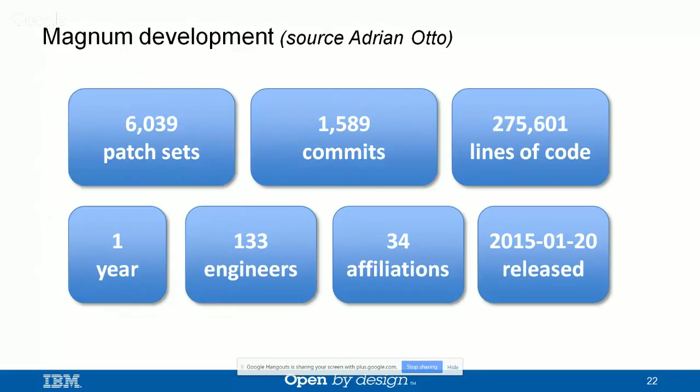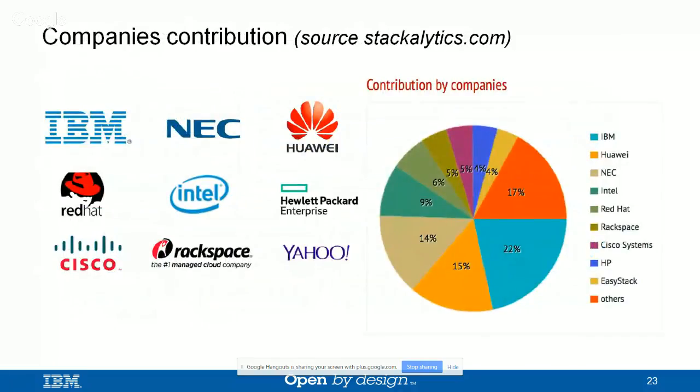It's 2016. Okay, and some more statistics on the companies. IBM happened to be the top contributor for Magnum for the last 2 cycles, and I think we'll continue to be the top contributor for a while.